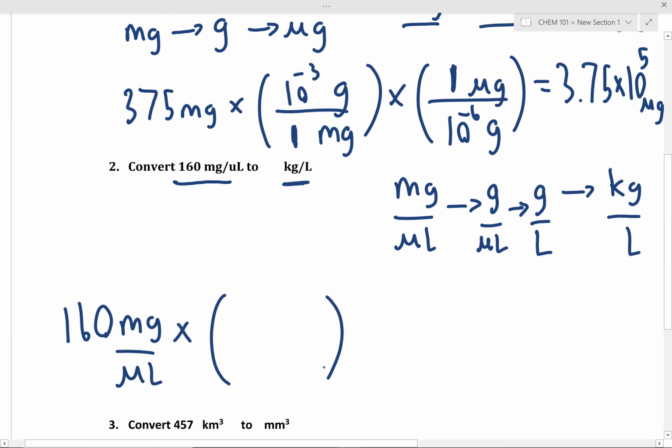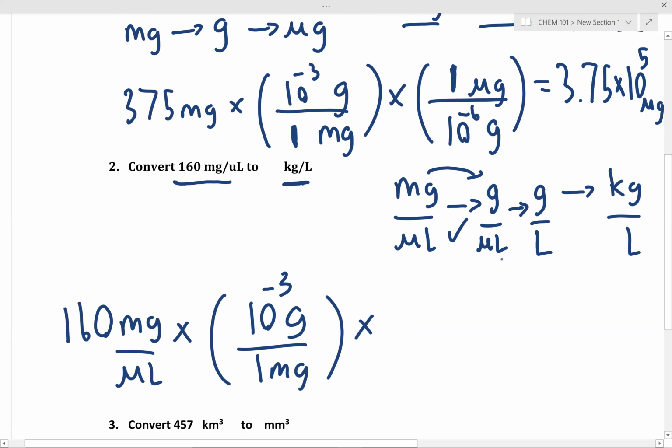So in our first step, if we want to go from milligram to gram, what units need to be on top? Grams, okay? So how many grams do we have in 1 milligram? What's our equality? Yep, 10 to the negative third. Perfect. Okay, so we did our first step perfectly.